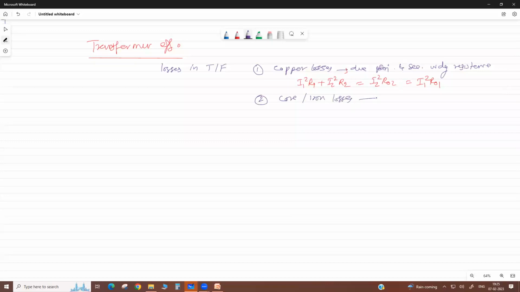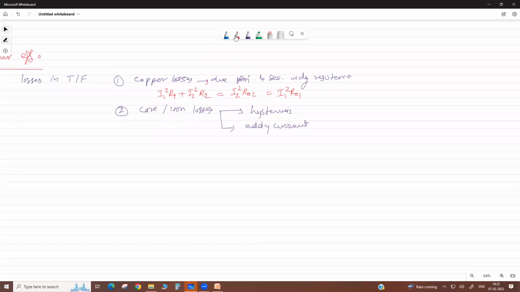They consist of two losses, that is hysteresis and eddy current. Hysteresis loss is due to reversal of magnetization and demagnetization of the core.